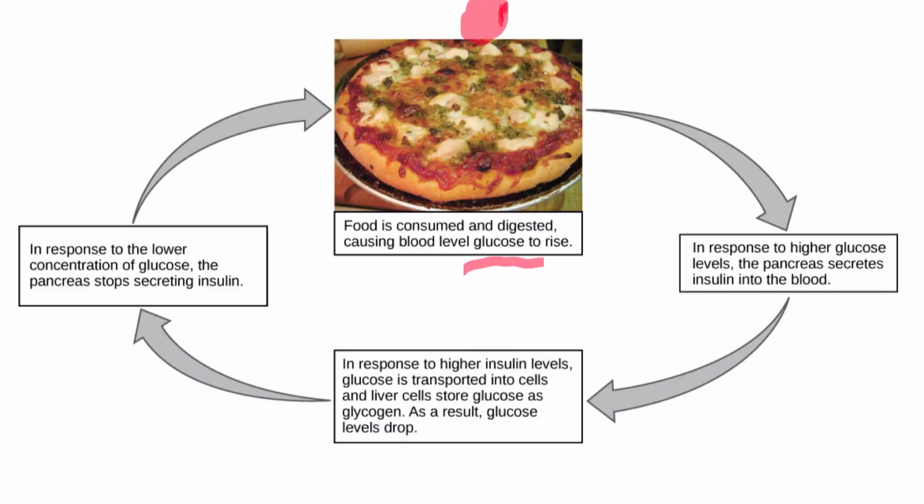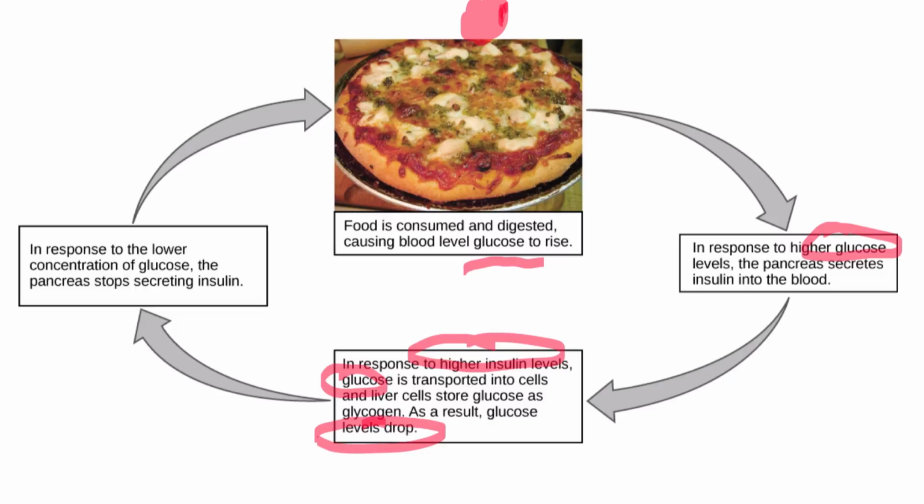In response to the increase in glucose in the bloodstream, the pancreas secretes insulin into the blood. In response to higher insulin levels, glucose is then transported into fat cells and liver cells to store glucose as glycogen. As a result, glucose levels in the bloodstream then drop.